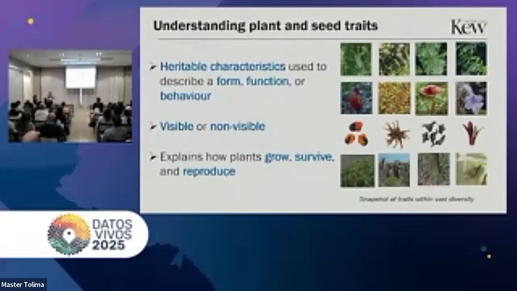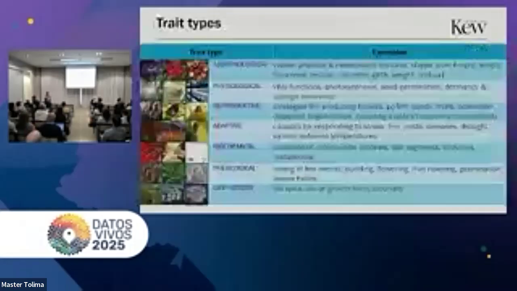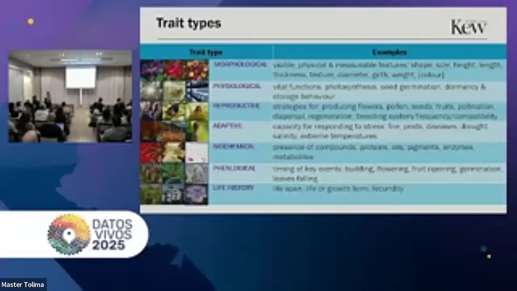So what do we mean by traits? Traits are heritable characteristics used to describe form, function, or behavior. Traits can be visible or invisible. For plants, traits determine how plants grow, survive, and reproduce. Next slide, please. There are several types of traits, but very briefly, some traits are visible and measurable morphological features.